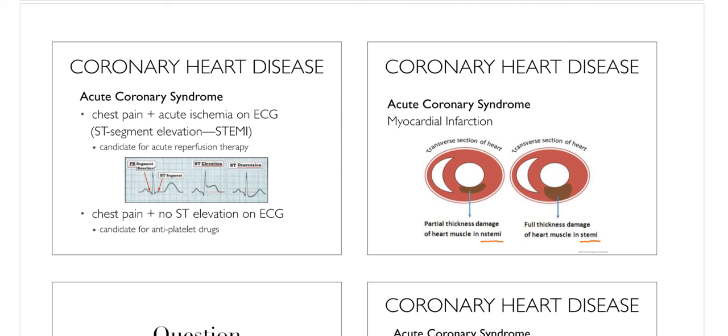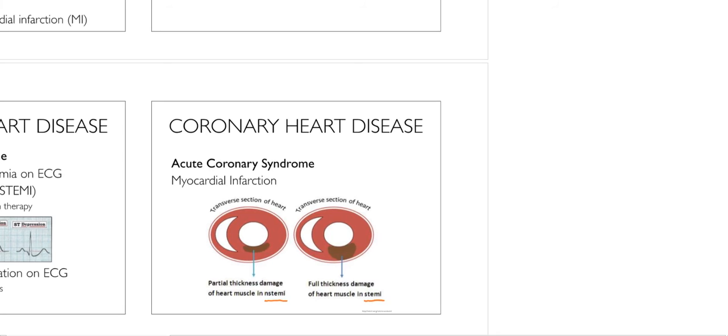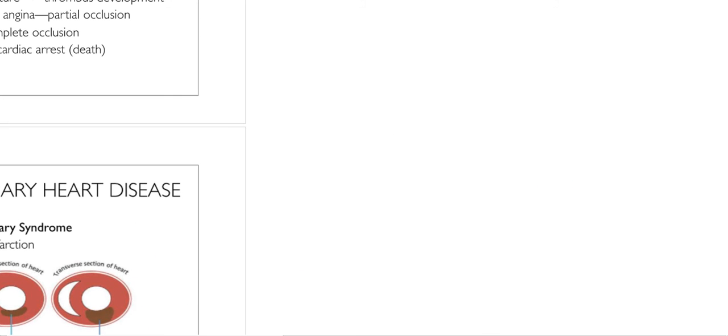Now, a lot of people have struggled with remembering and understanding how all of these parts play together, so I'm going to go ahead and do this. There are three forms of angina.